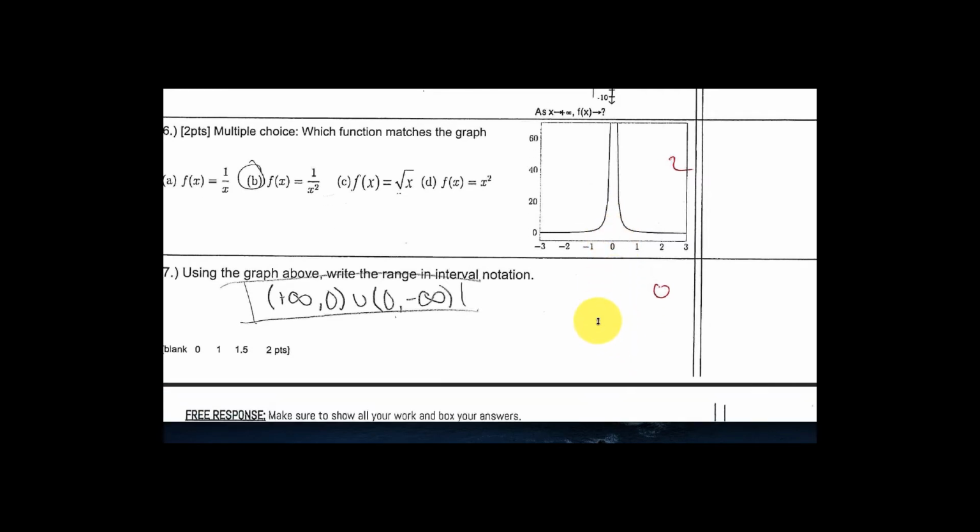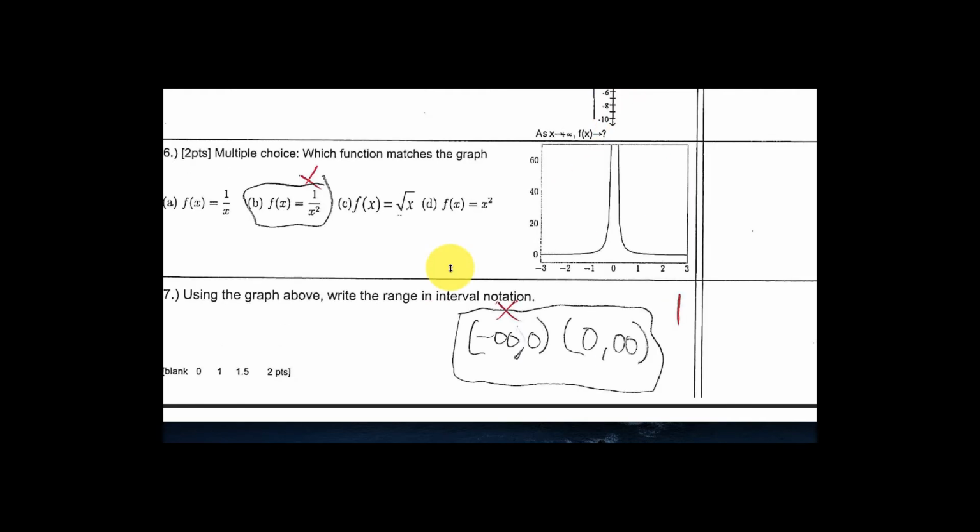So their mistake is that, yes, there is a graph from here to here, but there is no graph from 0 to negative infinity. And then you're not going from top to bottom, you're going from bottom to top. I gave this student half credit because there is no graph there, but this one was correct, so I gave it 1 point. All right, back side, make sure to show all your work and box your answers.